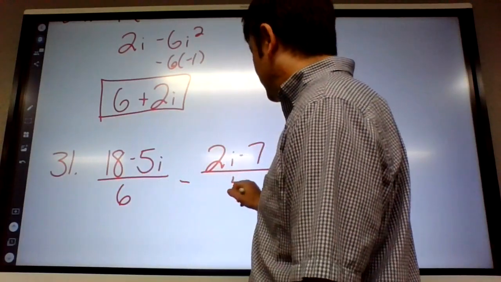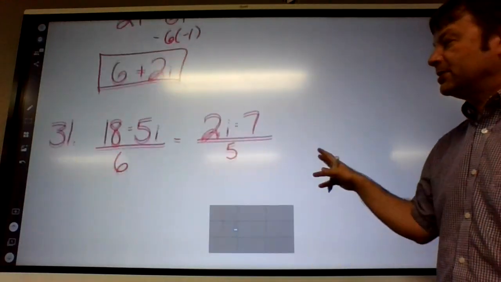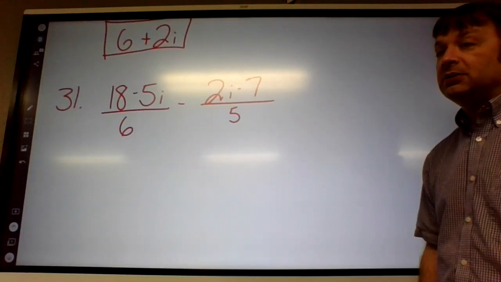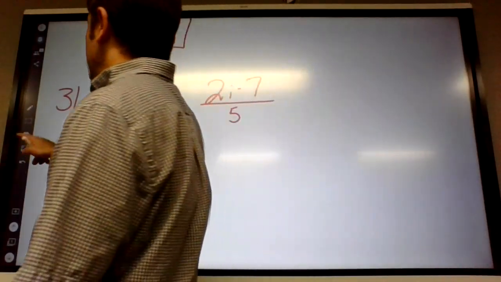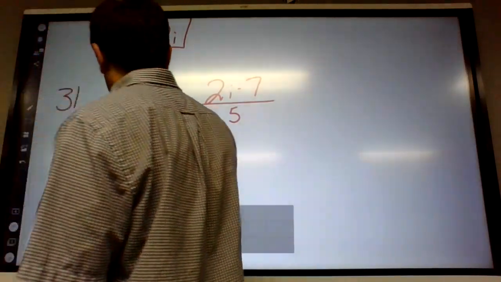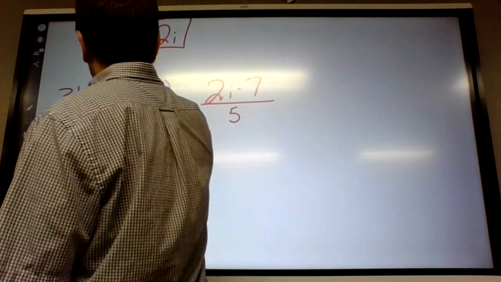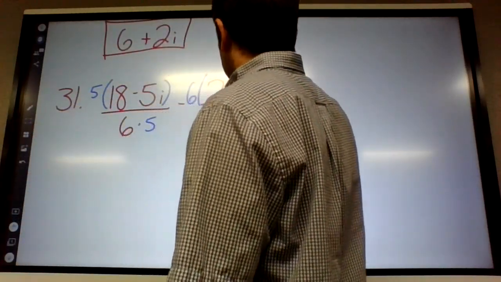Almost. Okay, so when we're subtracting fractions, what do we need? A common denominator. So what do 6 and 5 both go into? 30. So this one needs multiplied by 5. And this one needs multiplied by 6.